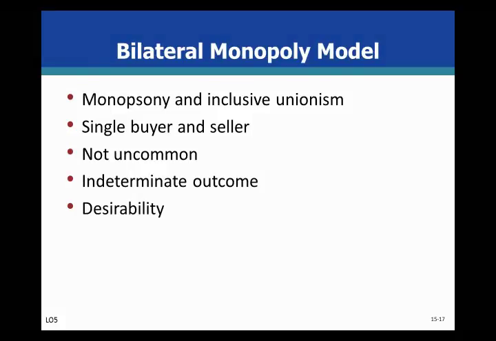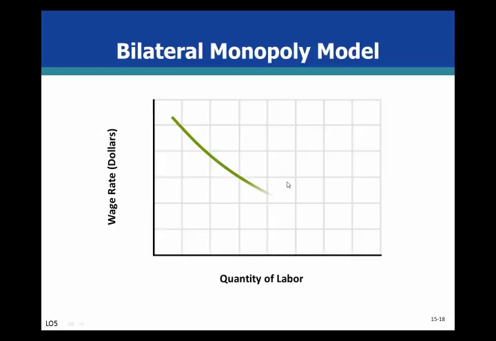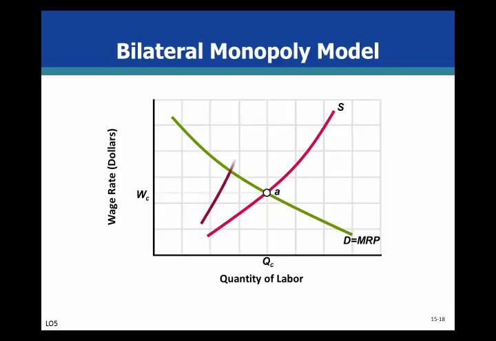Bilateral monopoly model, where we're looking at the buyer, but we're also looking at an inclusive union, single buyer and seller. All right. This can happen. What does this look like? All right. Again, so we're looking at a wage rate, and then we're putting in that single buyer, single seller, and what does that mean in regards to wage rates?